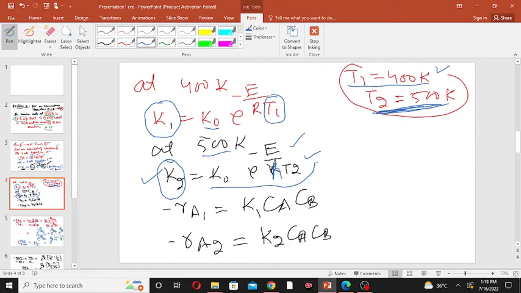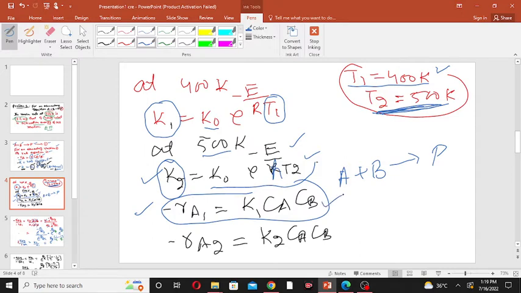Now the rate law for the reaction A plus B at 400 Kelvin can be written as minus Ra1 is equal to K1 into Ca into Cb. This K1 is the rate constant at 400 Kelvin.